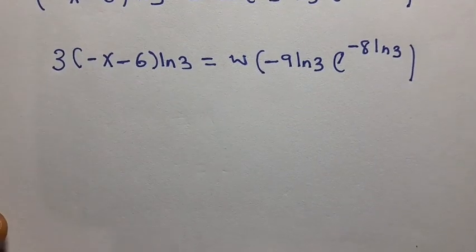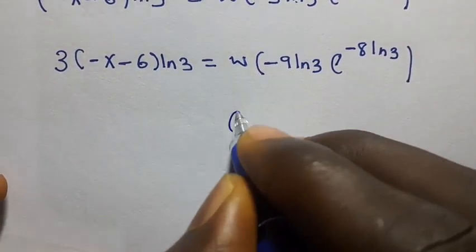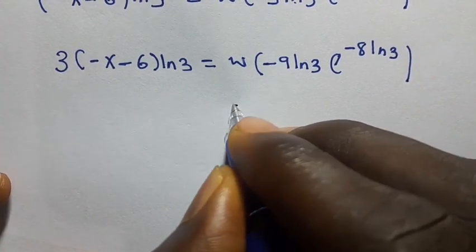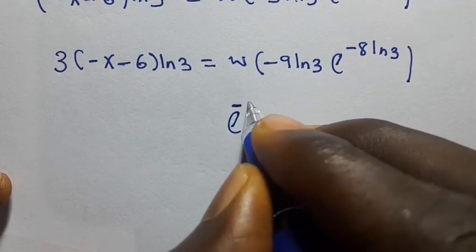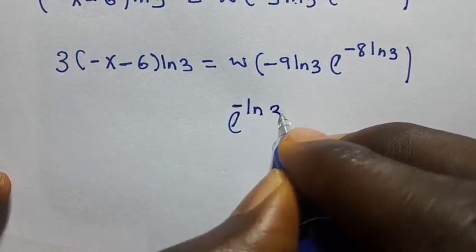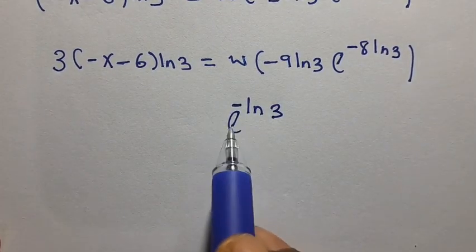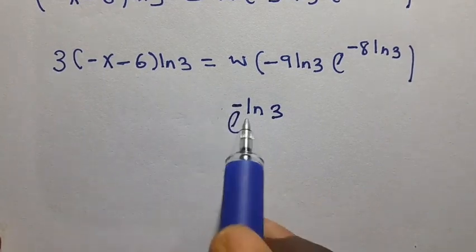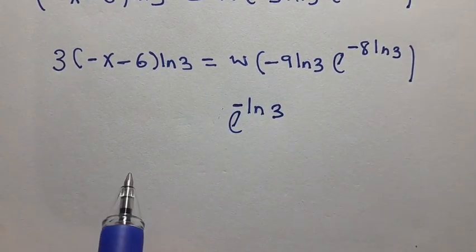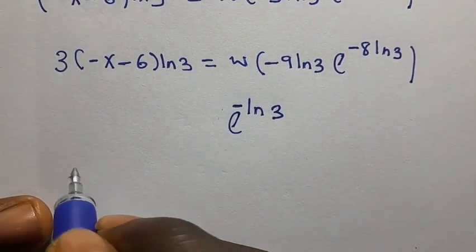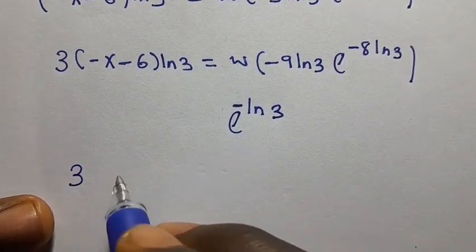Now let us multiply through by exponential minus ln 3. When we multiply this through, then we are going to have this to be equals 3.